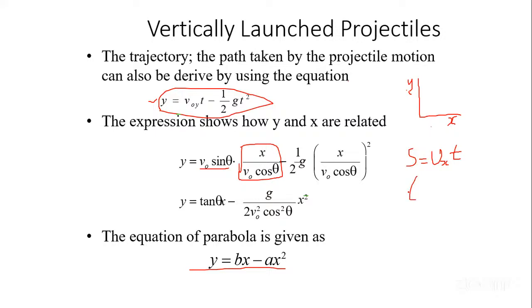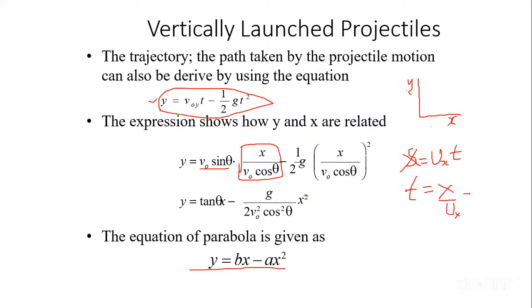So t here is equal to, okay, this horizontal motion, so let me make this x. So this is x over ux.